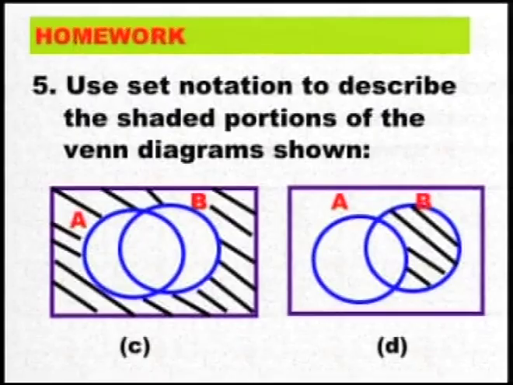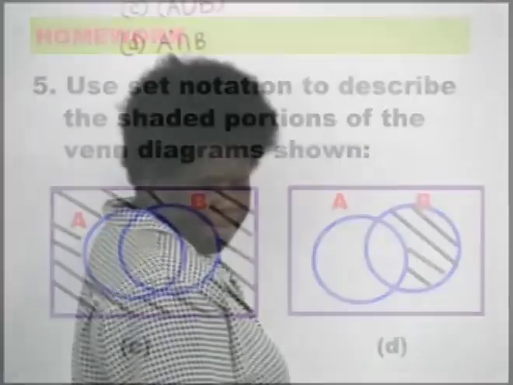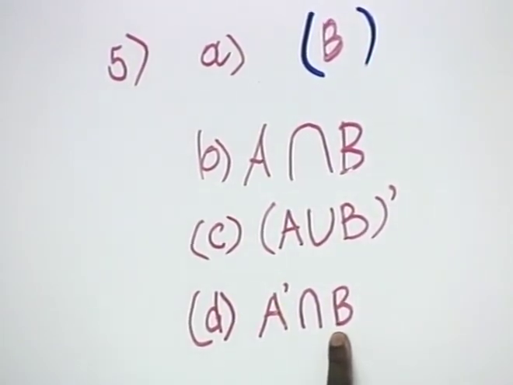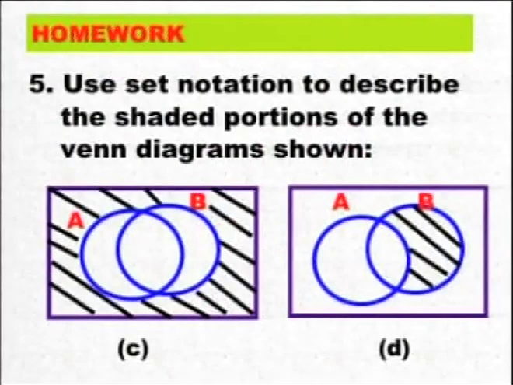Okay, the complement of A will include B and the rest of the elements in the universal set. And it includes B. Okay, that's correct.